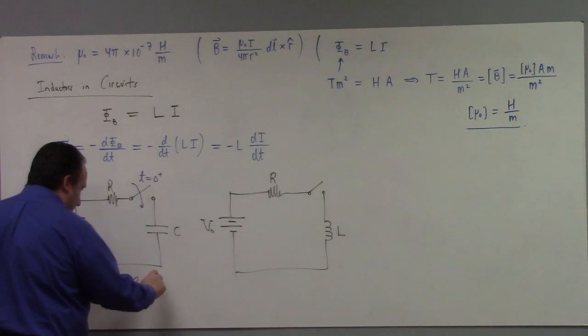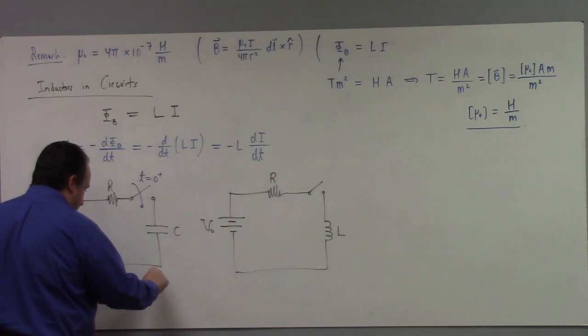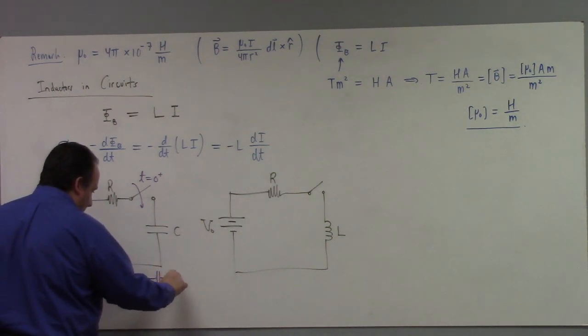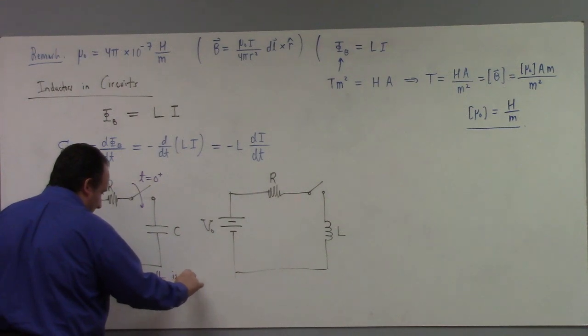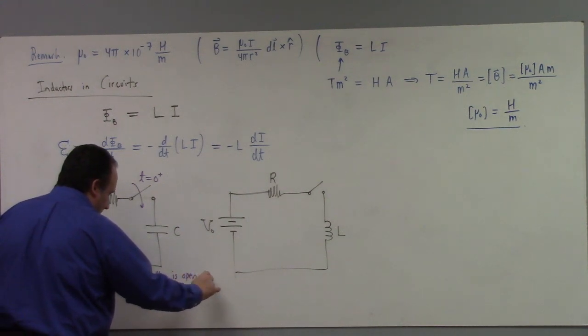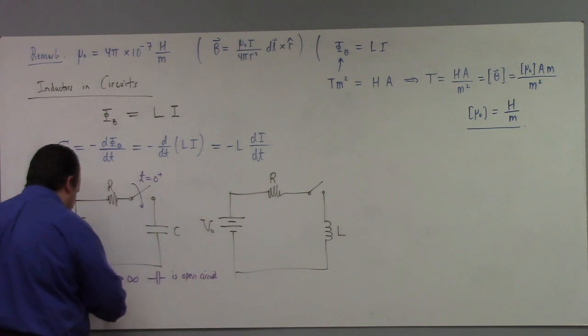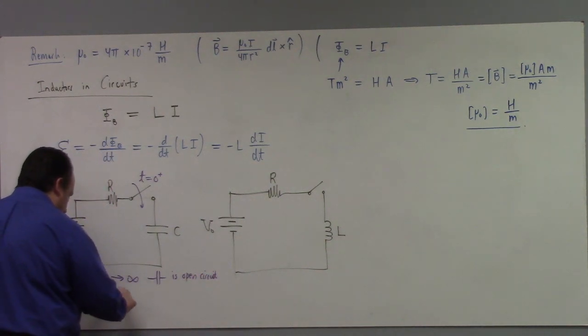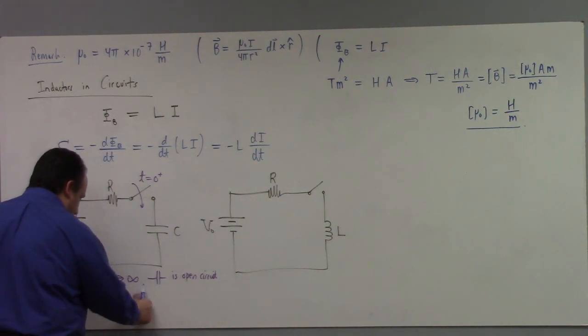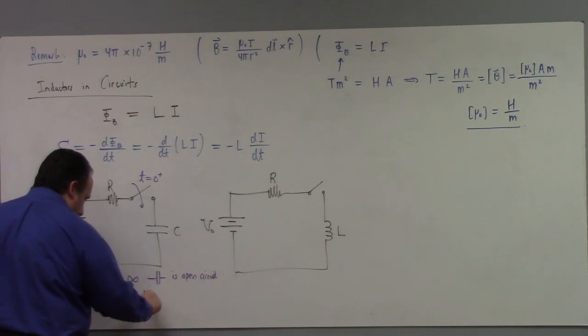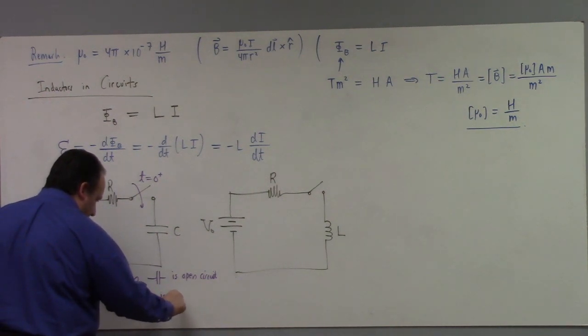until, as time goes to infinity, the capacitor is open circuit. What happens at t equals 0 plus though? The capacitor is what's called a short circuit.